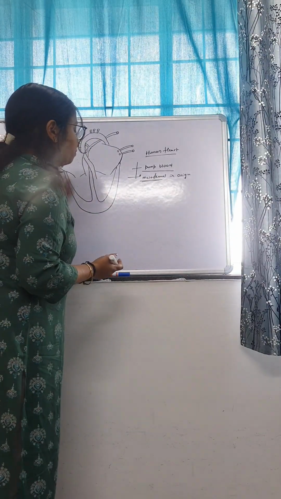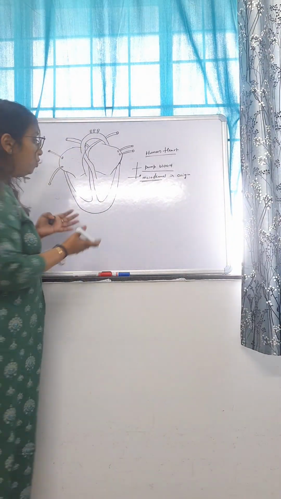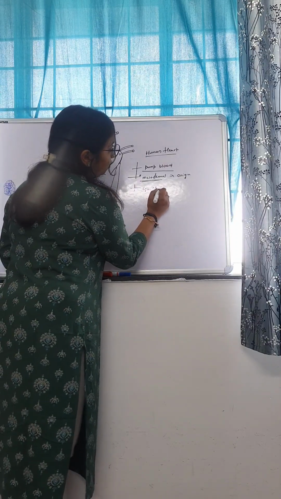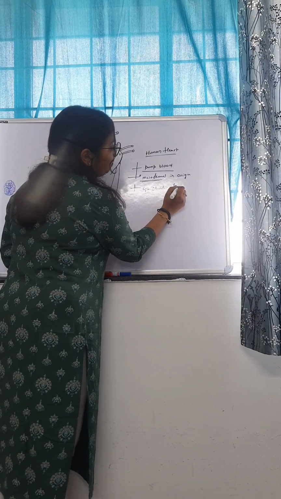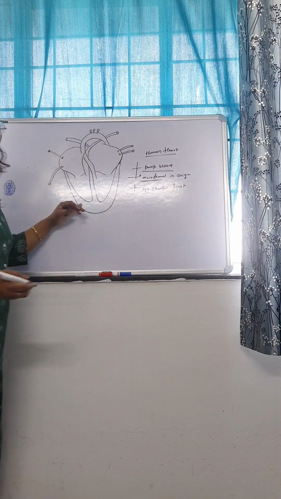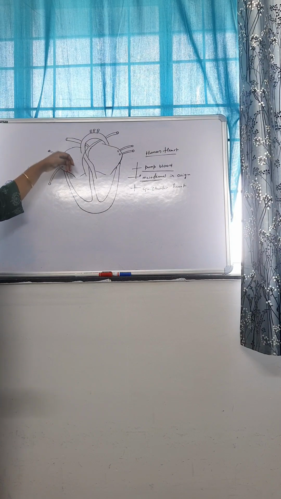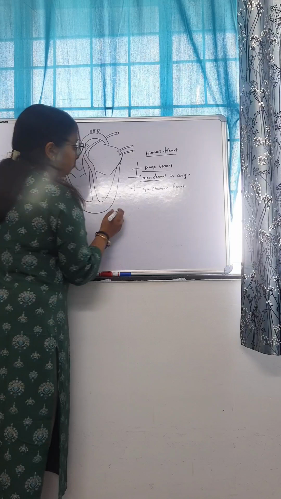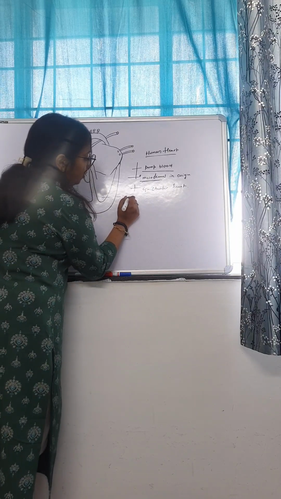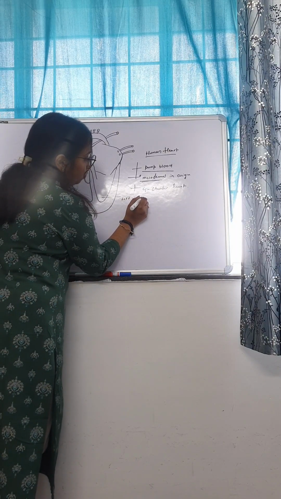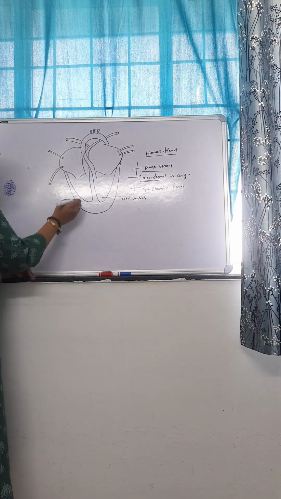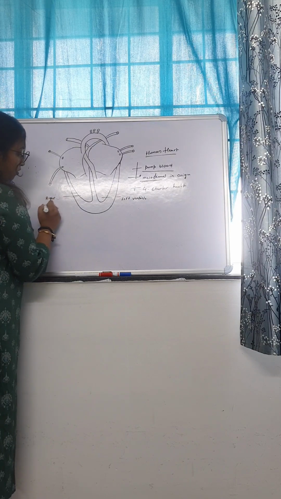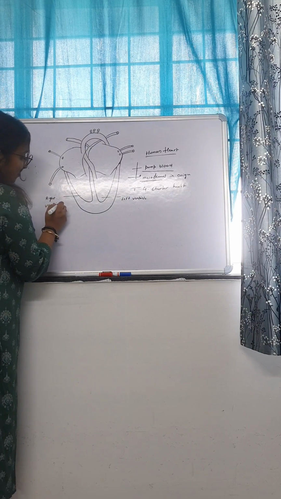As we all know, the human heart is a four-chamber heart. So there are the two relatively lower chambers and the two upper chambers. The lower chambers are known as left ventricle, and similarly right ventricle.